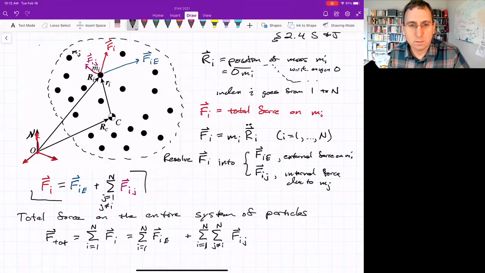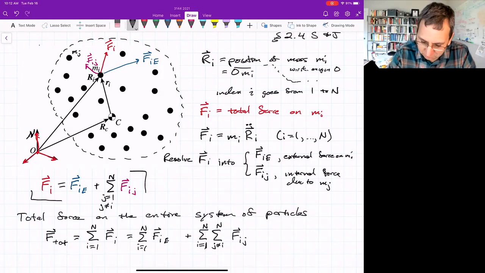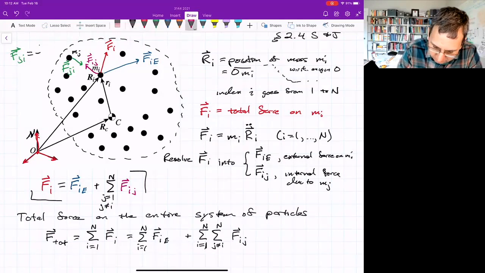But now we use Newton's third law, which is that these forces between particles come in equal and opposite pairs, right? So the force on m_j due to i, F_ji, equals negative F_ij.